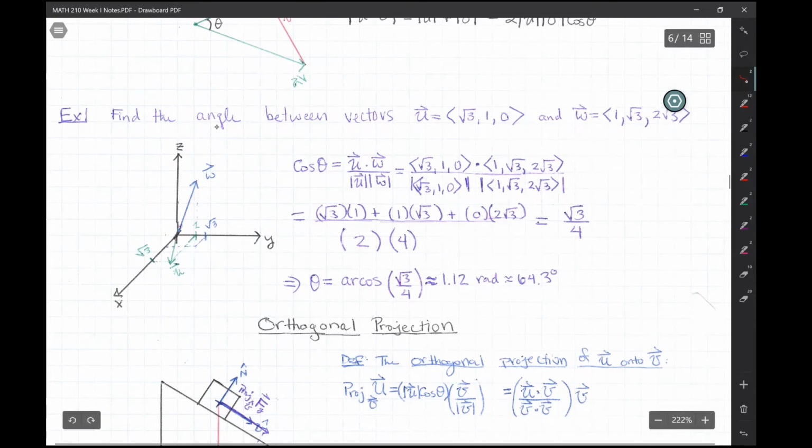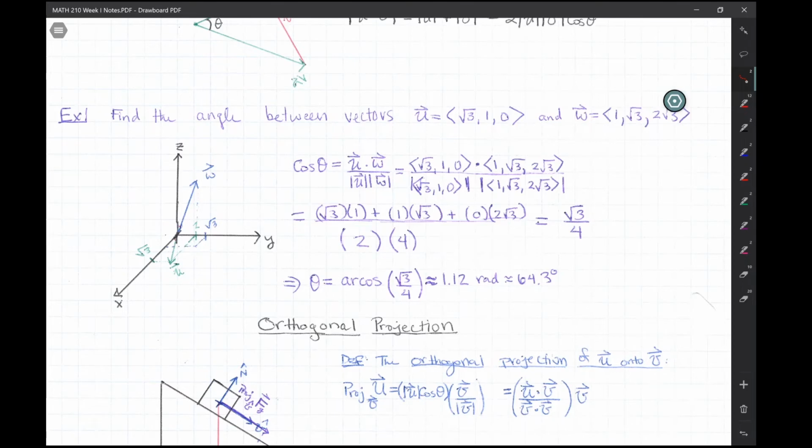Suppose you draw a plane that contains both u and w in it. Then what would be the angle of u and w in that plane? Any two vectors that are not parallel would span a plane, and so you would have an angle between them there.